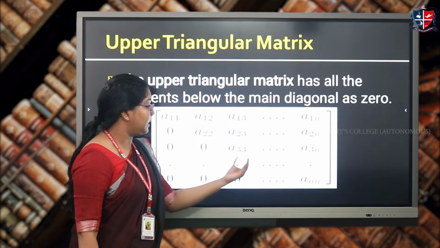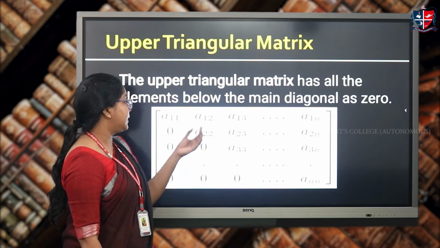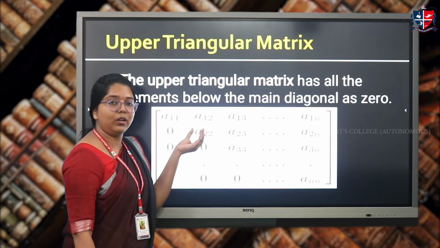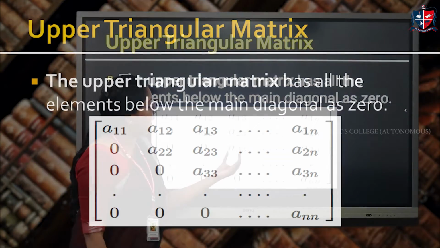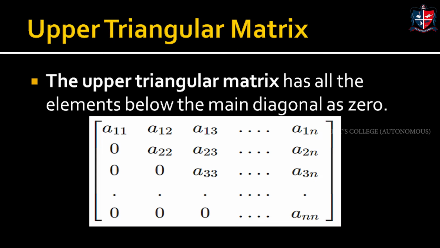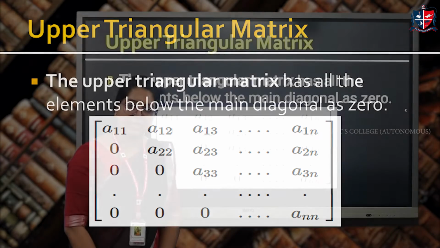The diagonal consists of the entries that are in the ith row and ith column of the matrix. That is A11, A22, A33, etc., ANN. So, this is the diagonal of this matrix, and these entries are called diagonal entries.